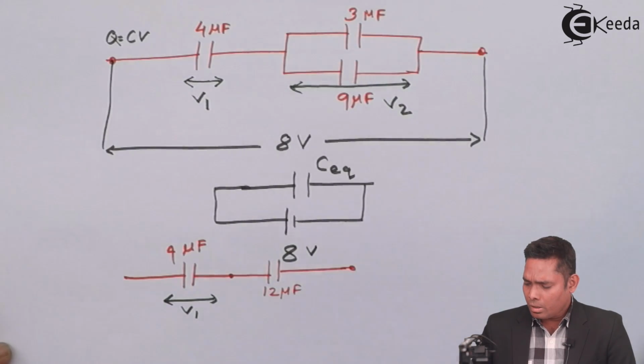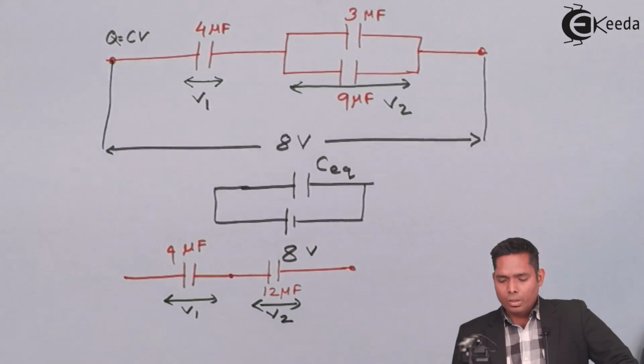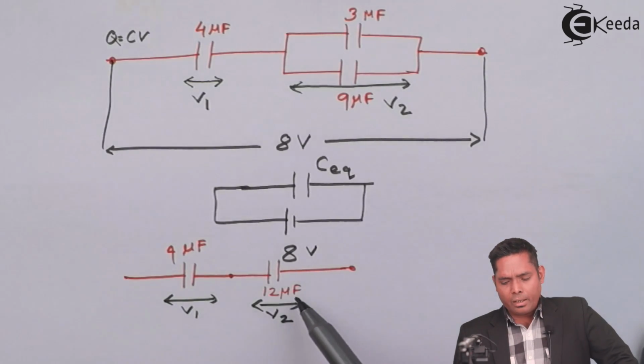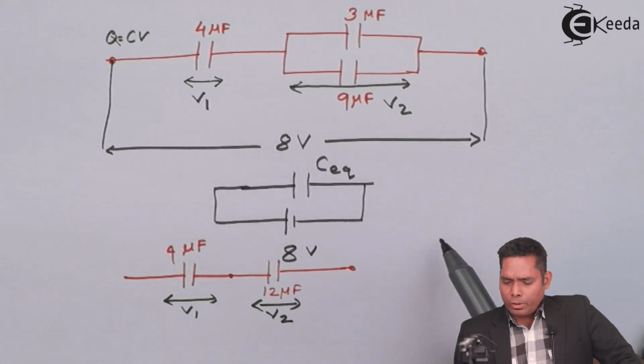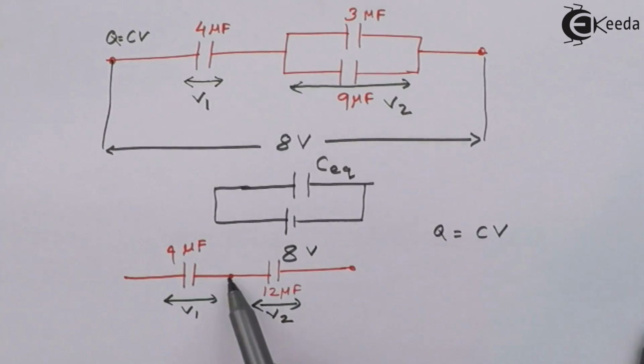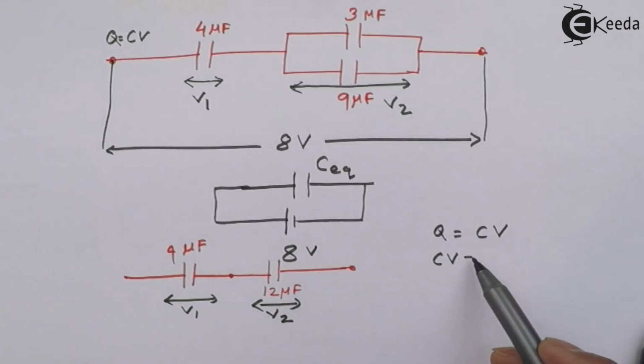Across this the potential drop is V2. Now out of 8, how much will be the drop here and how much will be the drop there? Because we know that Q is CV, and in series the charge is same, so CV is constant.